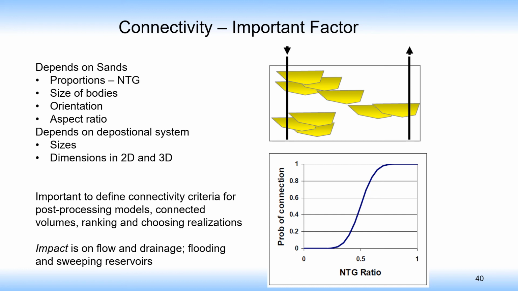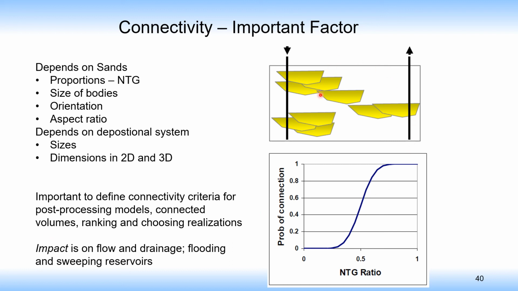Connectivity is yet another important factor to evaluate. So having an idea of how you're going to evaluate connectivity in your models is a group discussion. There's general concepts on connectivity from geology and the general idea that as net to gross increases, connectivity goes up rapidly. It's nonlinear. And that's very important for most of the model work.